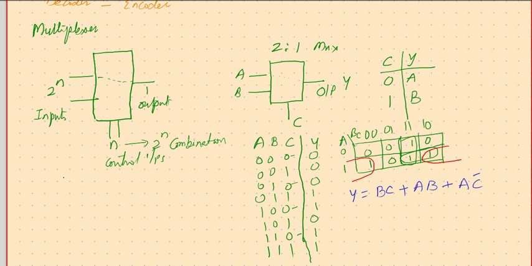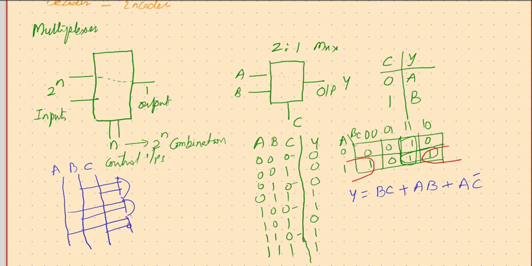So this is A, this is B, this is our C. Therefore, it will be BC, AB, and AC bar. All three are ORed together to get a Y.